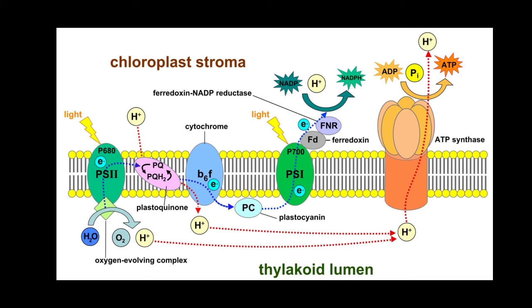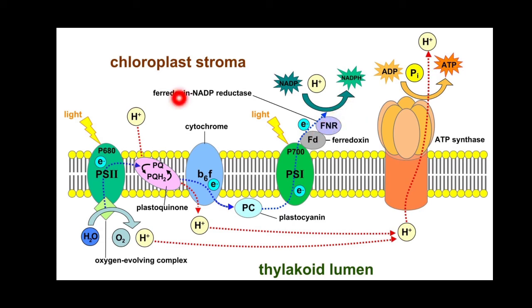This molecule, again taking light energy, gets excited and transfers the electron to ferredoxin, another electron acceptor attached to it. Then this ferredoxin is associated with an enzyme called ferredoxin NADP reductase.